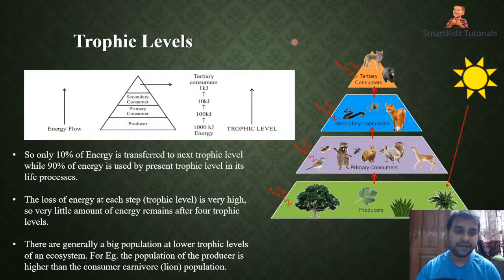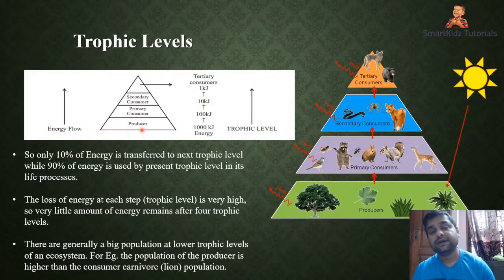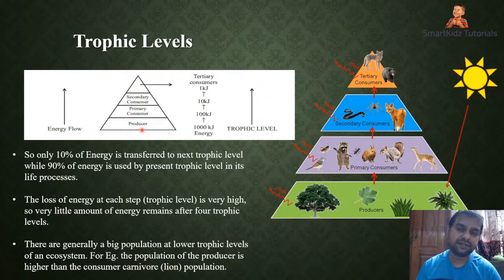Okay, and remember, only a small amount of energy is trapped by the producers from sunlight, just 1%, as we have seen. Though that 1% is good enough to provide the energy required to carry out various life processes for the producers, and the energy that is transferred successively is also sufficient.